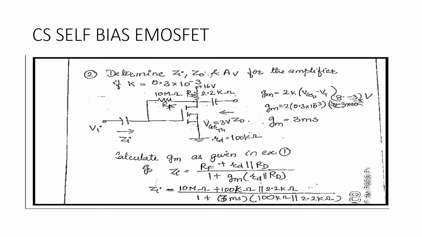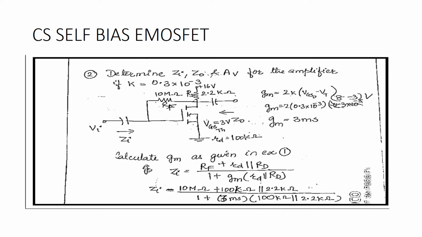Calculate gm as given in example 1. It is done aside. So input impedance Zi, use the direct analytical relation: Zi is equal to (RF plus rd, the dynamic resistance in parallel with the resistance across the drain terminal) upon (1 plus gm into that parallel combination of dynamic resistance and drain resistance).